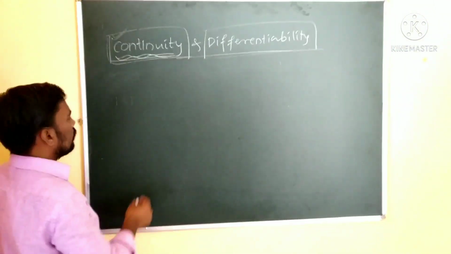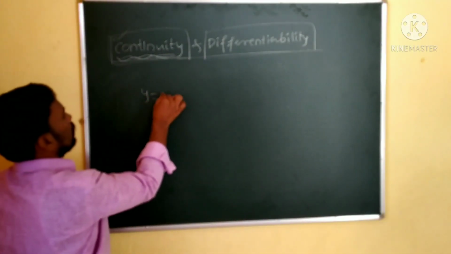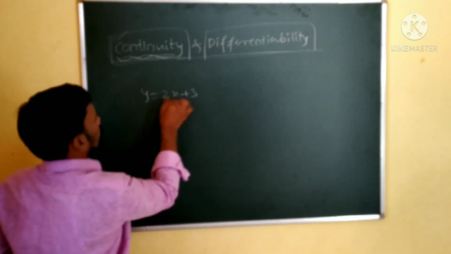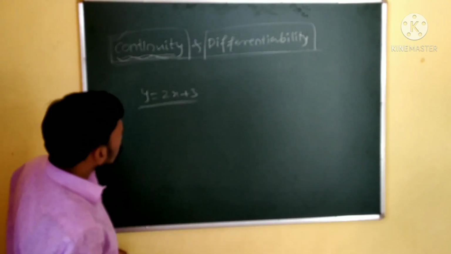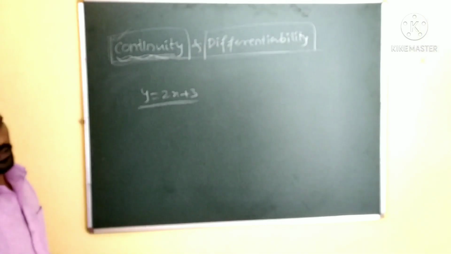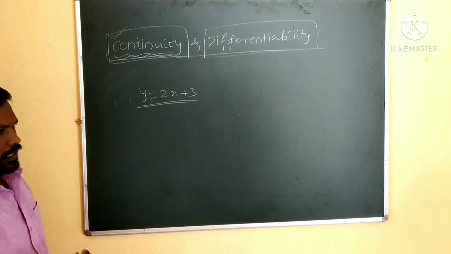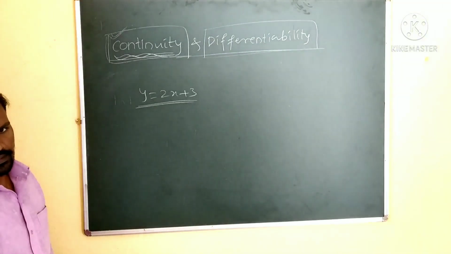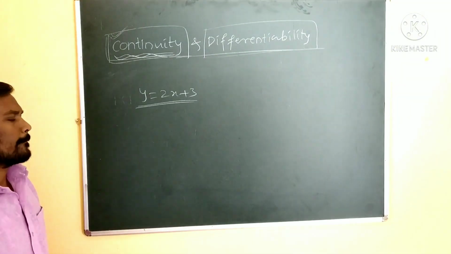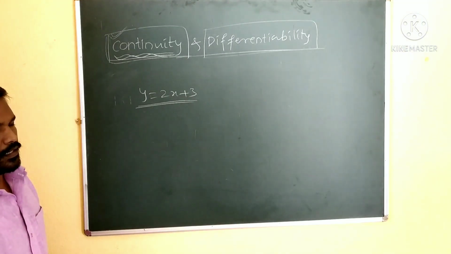For example, take any function, say y is equal to 2x plus 3. It is an example of an algebraic function. If any function is to be continuous, there is a mathematical condition. What is that?